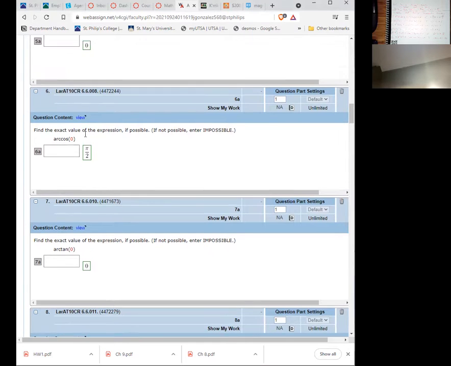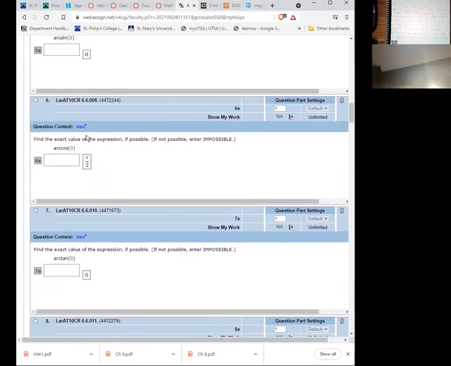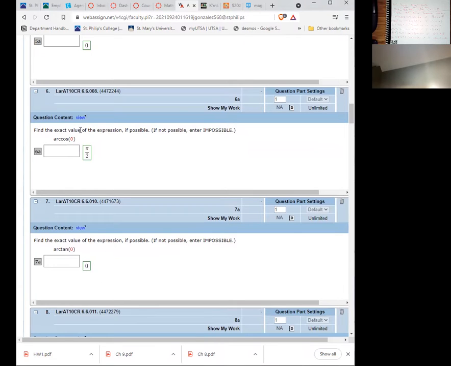So look at number 6. You guys see this, right? The arc cosine. Find the exact value of the expression if possible. If not possible, enter impossible. Arc cosine is another way to write cosine inverse. I kind of prefer this one, but some books use the -1 symbol.